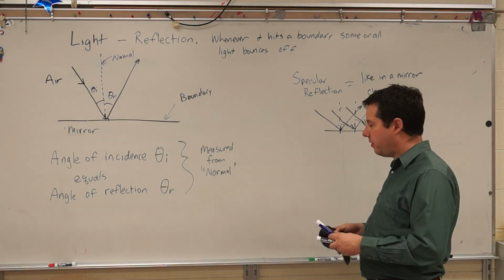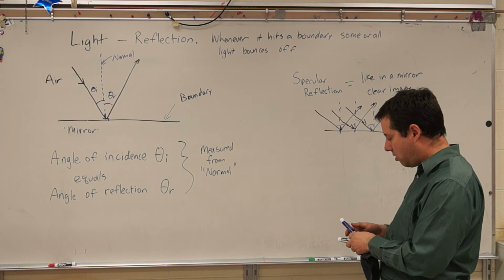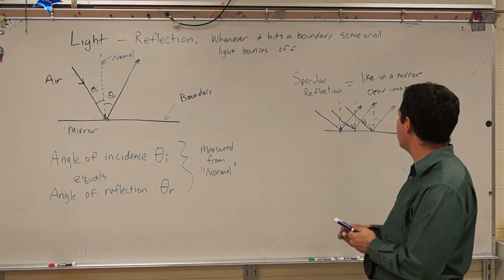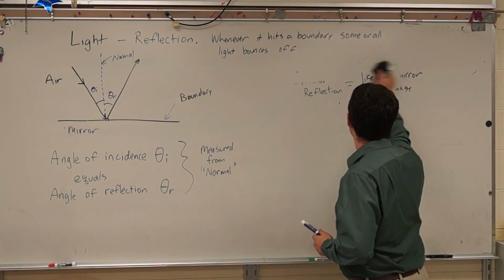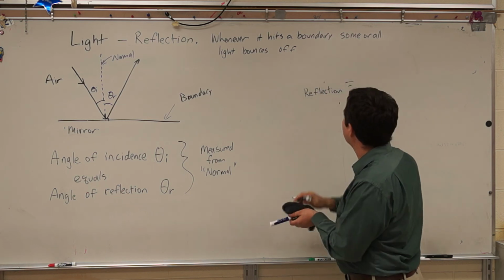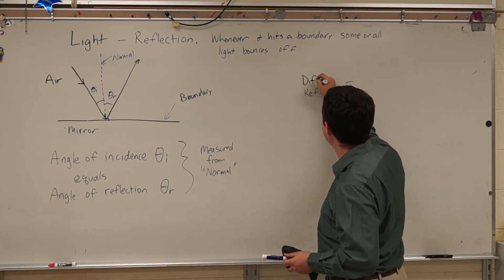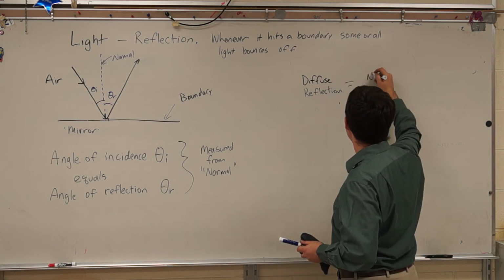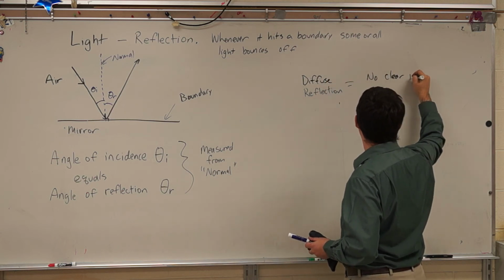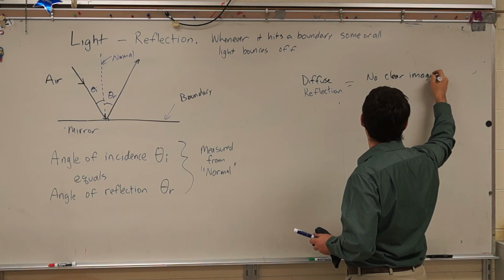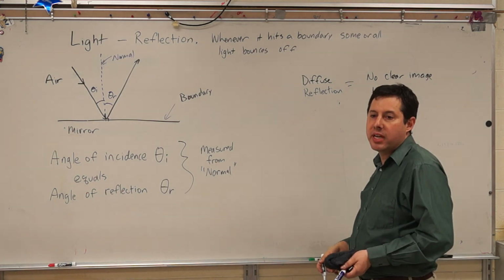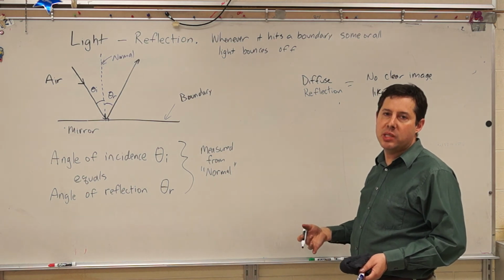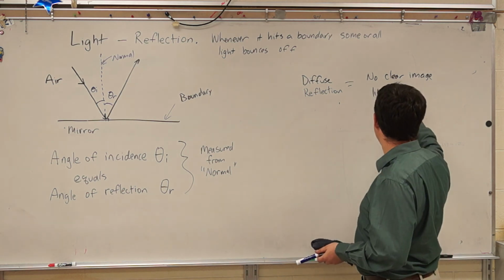The other kind of reflection you will see sometimes is called diffuse reflection. So I'm going to erase this and show you what diffuse reflection looks like. And in diffuse reflection, there's no clear image. So if you shine light on a table, for example, you might see a bright spot of light bouncing up towards you.